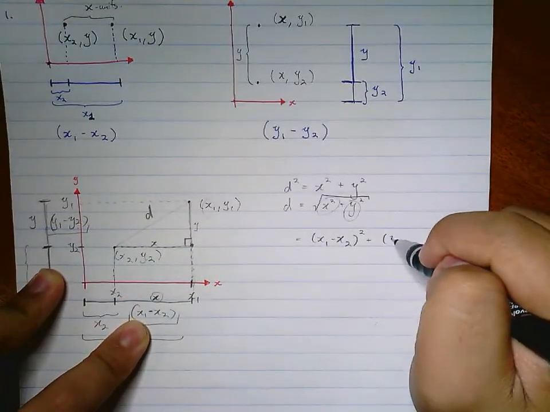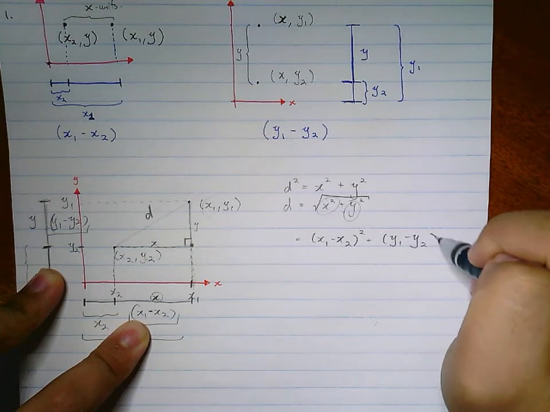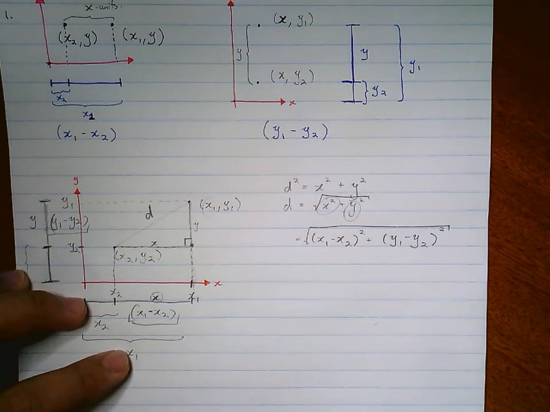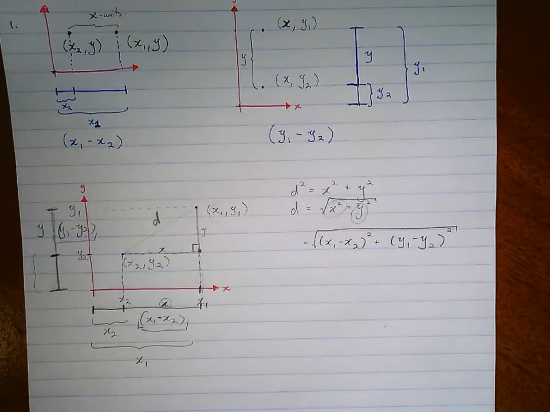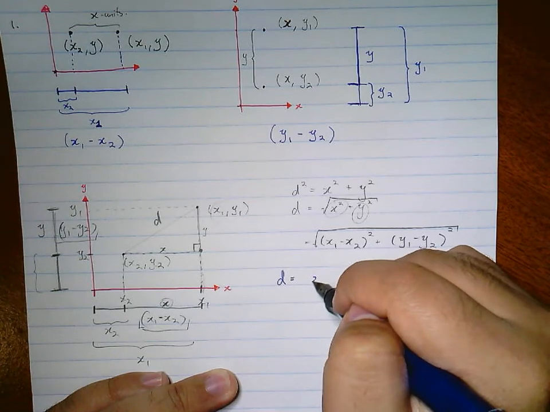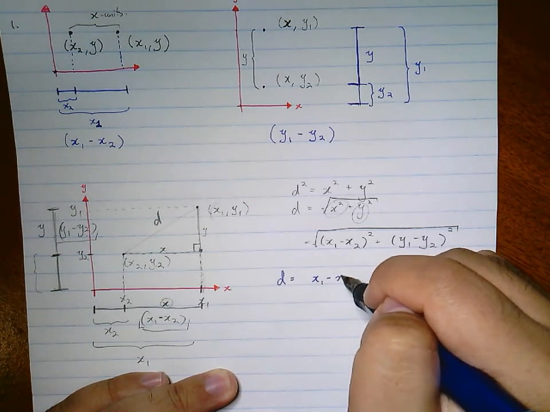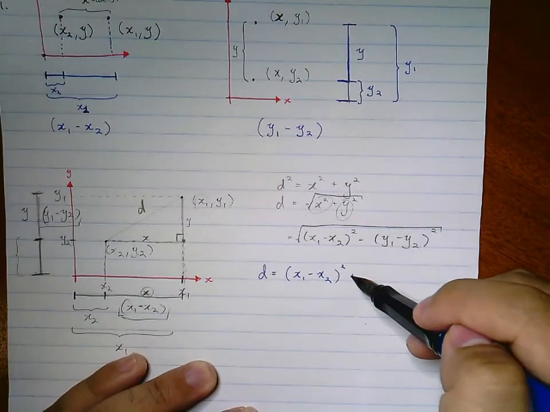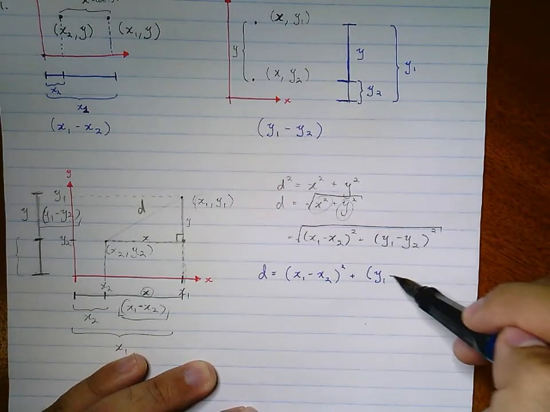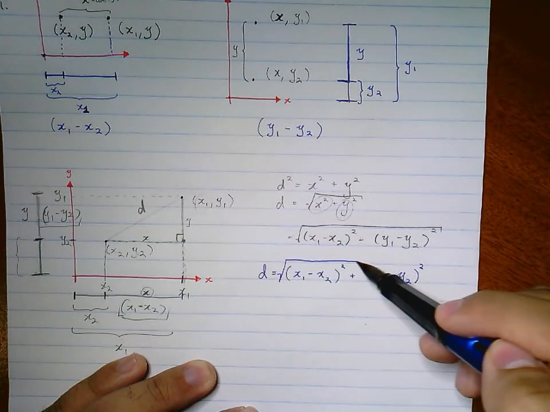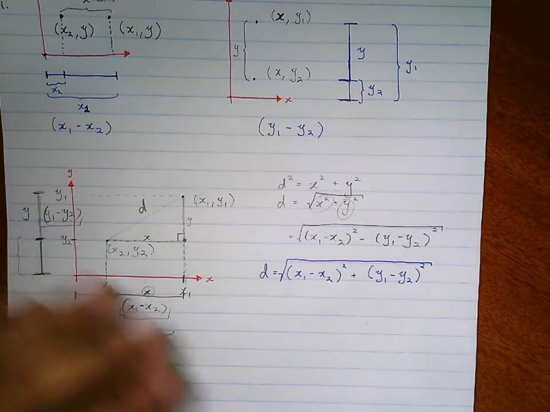That's going to be y1 minus y2, squared, all square root, which in summary gives us the formula that we set out to prove: the distance between any 2 points is x1 minus x2 squared plus y1 minus y2 squared, all square root.